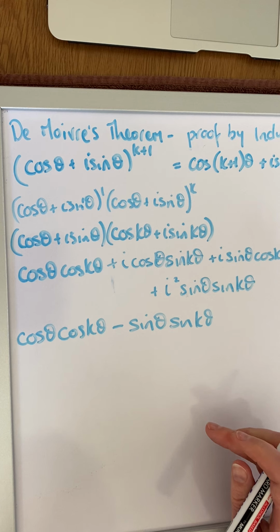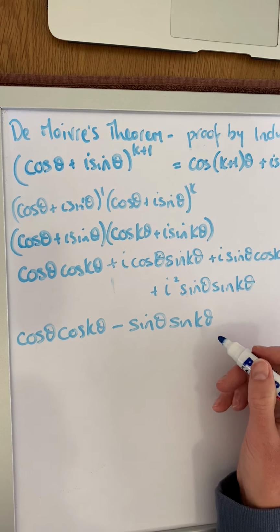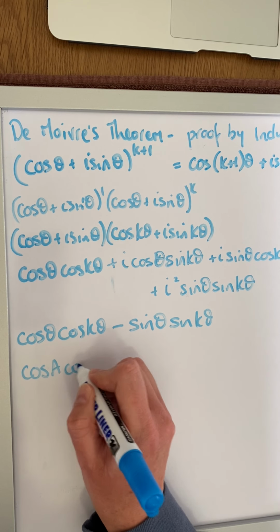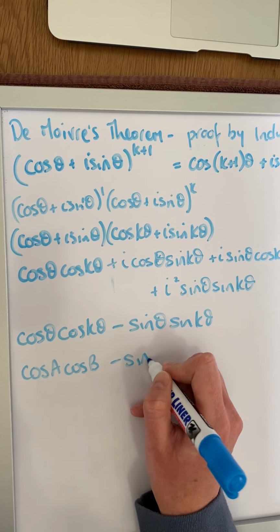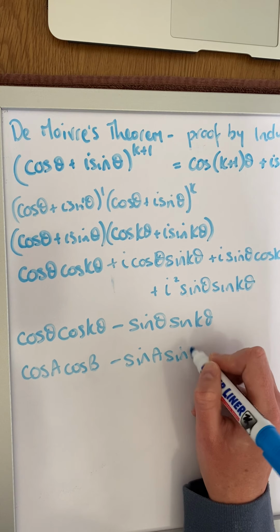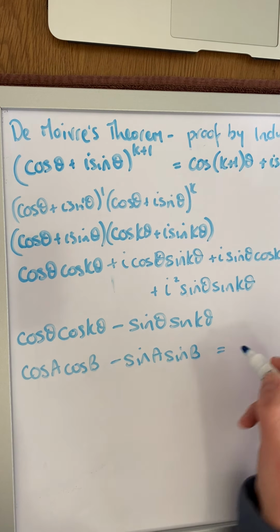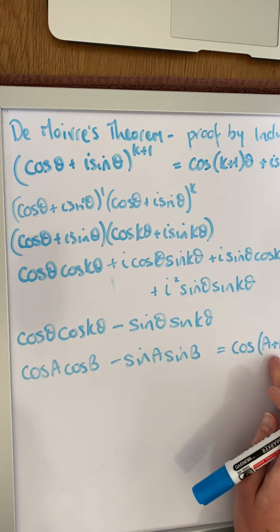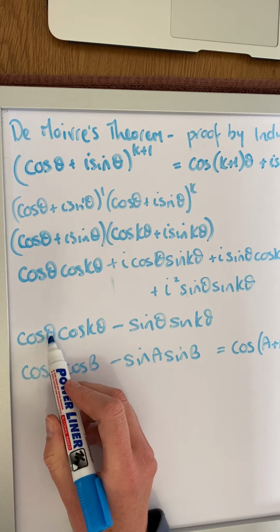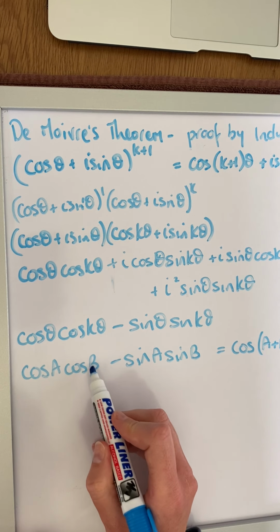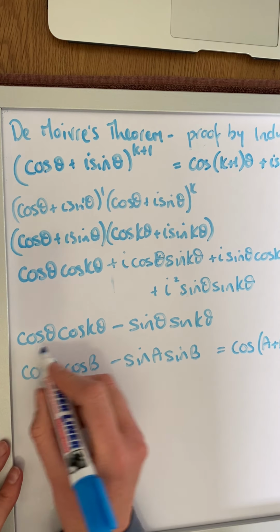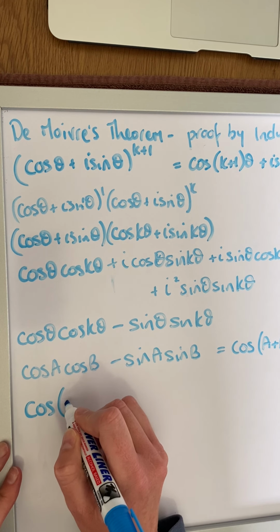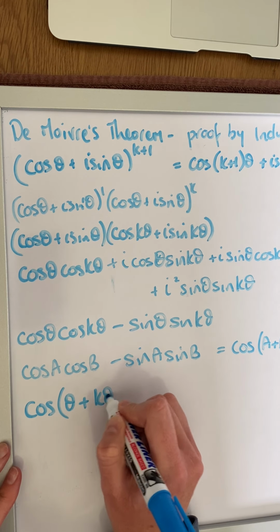Now, according to our trigonometric rules on page 14 of our log tables book, we can see cos A cos B minus sine A sine B can be simplified to the cos of A plus B. So given that our A is theta, our B is k theta, we can rewrite that expression as cos of theta plus k theta.